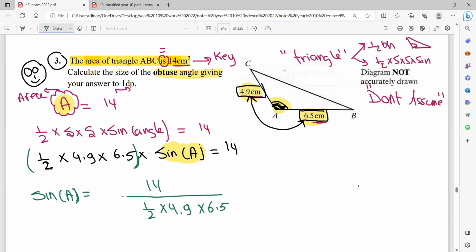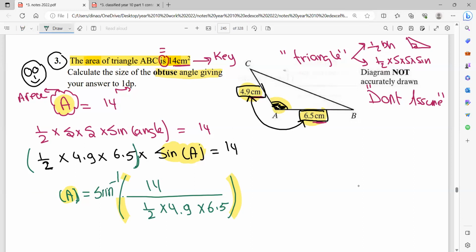Now, we discussed this already several times, that I am not required to calculate sine of the angle. I am required to calculate the angle itself. So to calculate the angle itself, I'm going to remove the word sine from this side of the equation to the other side of my equation as sine inverse. Shift sine, in one step.